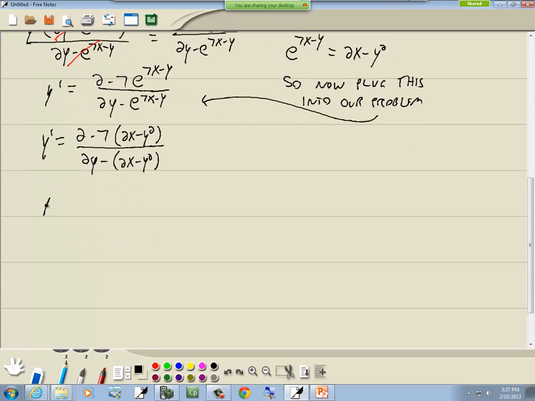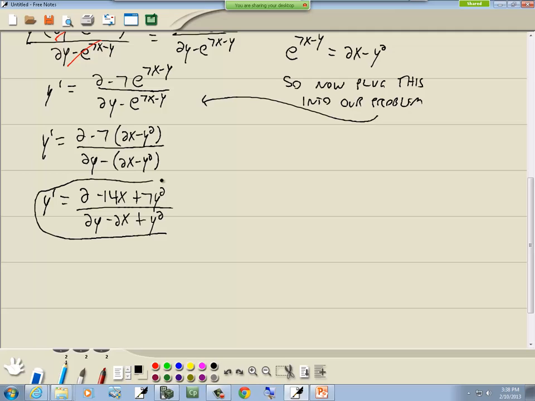So then we get y prime equals 2, negative 7 times 2x is negative 14x. Negative 7 times negative y squared gives us a positive 7y squared. And we got 2y minus 2x plus y squared. Remember, when you have a negative in front of your parentheses, flip the sign of everything inside.